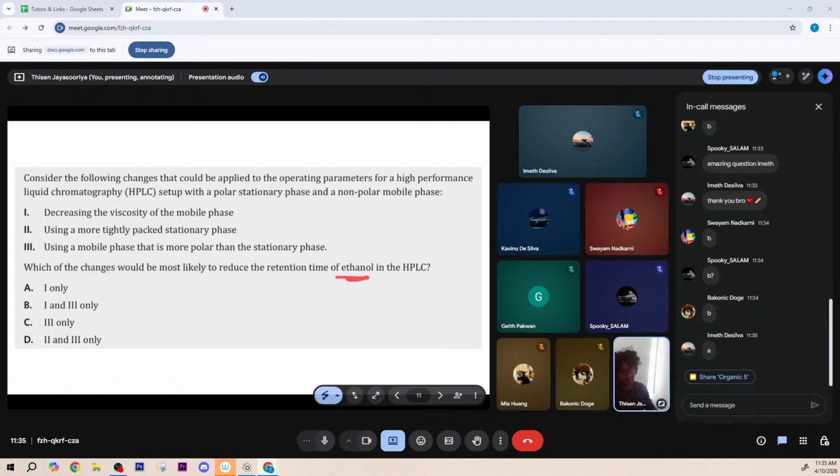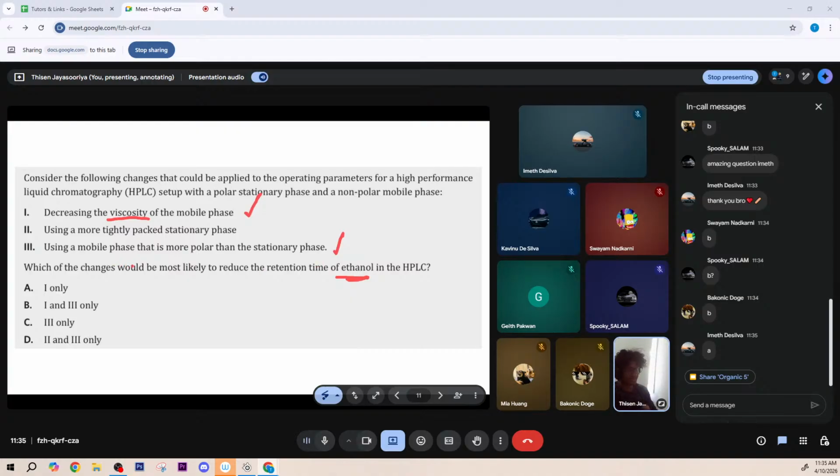Okay. I think some of you have got the definition of viscosity. Viscosity is the resistance to flow. So if we decrease the viscosity, we decrease the resistance to flow. That's fine.